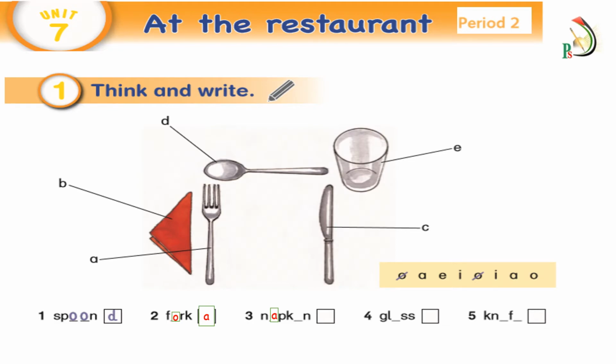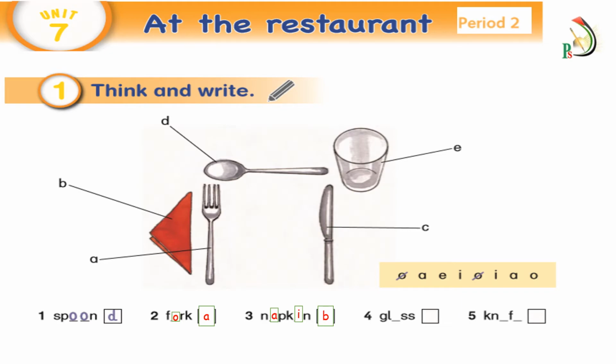And we have after K, I. So this word, let's read it together. Napkin. Now napkin, which picture? Check your answer now. Picture B. Excellent.